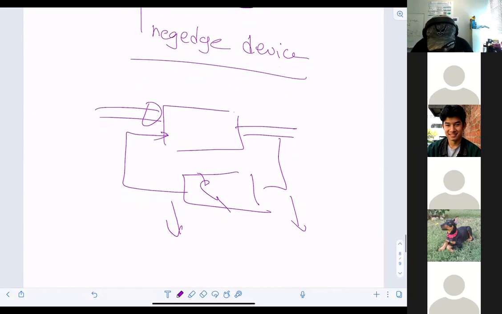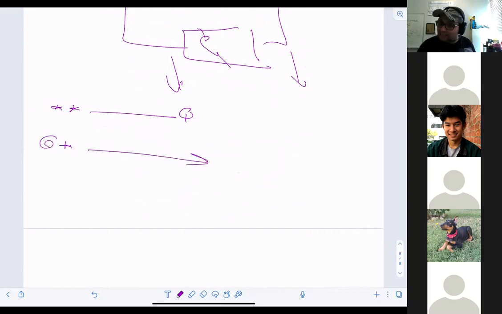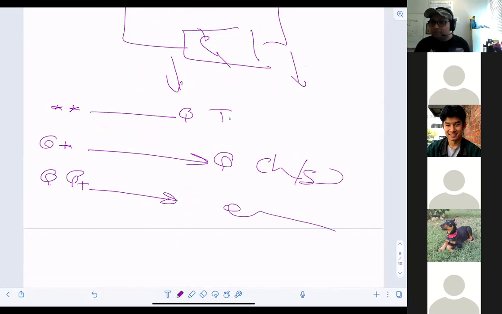So one of the tables is the inputs and the Q. The second will be the Q with the input and what the next state will be. And the third will be the present state and the next state, which will determine what the input is. So that will be the truth table, the characteristic or state table, and the excitation table. Okay?